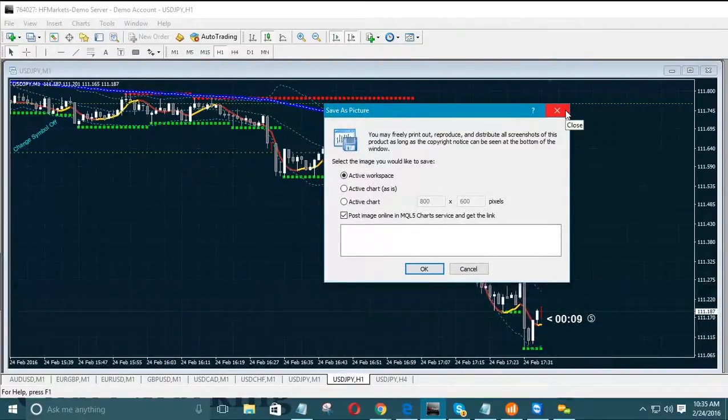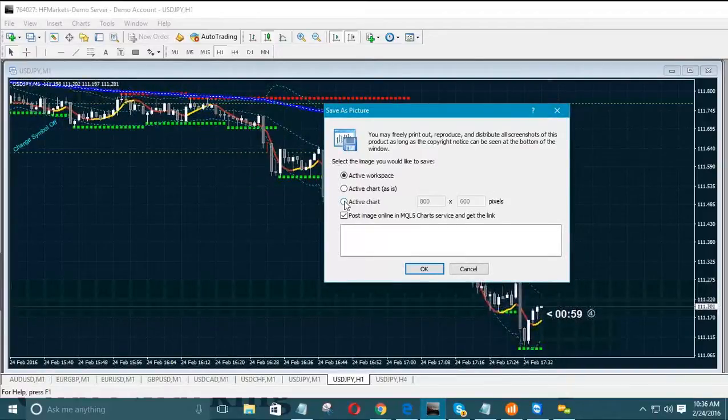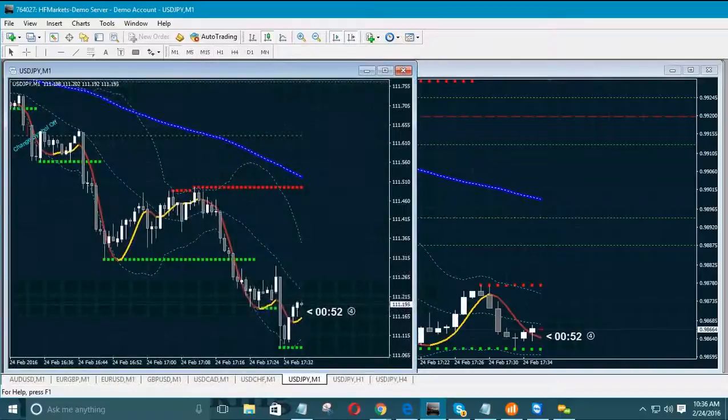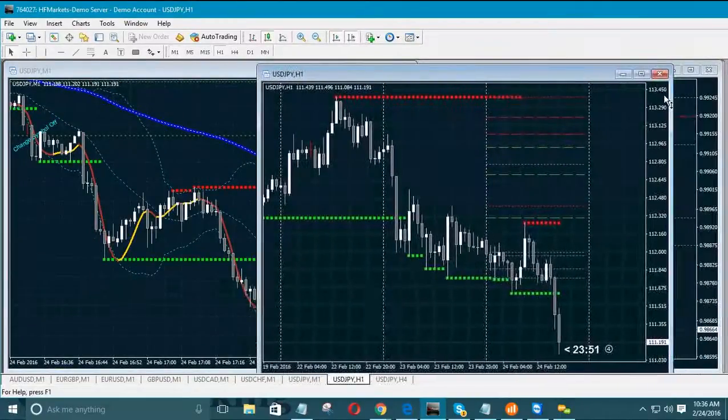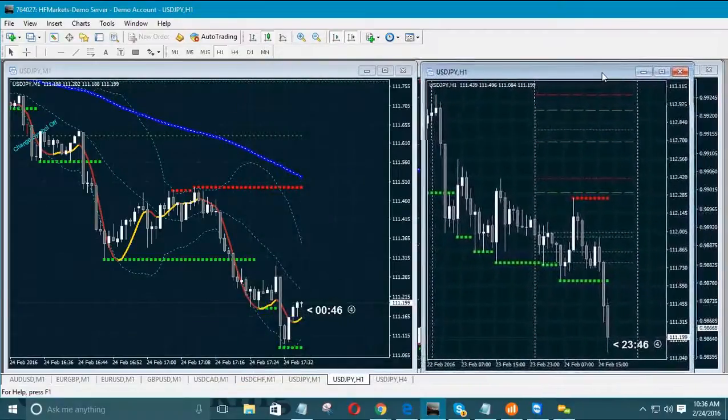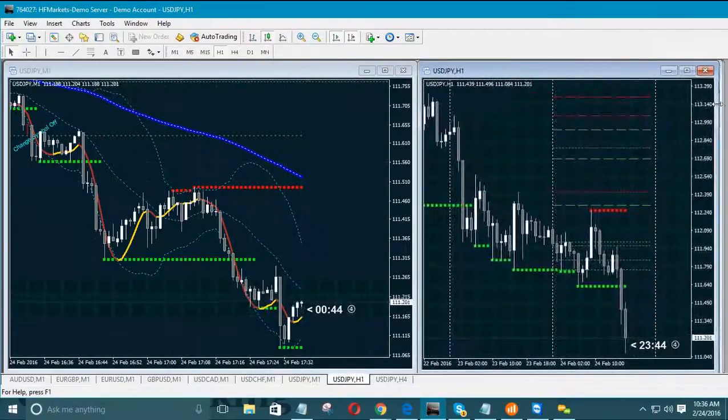One of the other ways to do this as well is, for me, I have a left screen and I have, let's see. I think the way you can do this is click on active chart. So say I have USD JPY 1 minute here, and I pull my USD JPY 1 hour chart over here, and I have this just on my one screen.